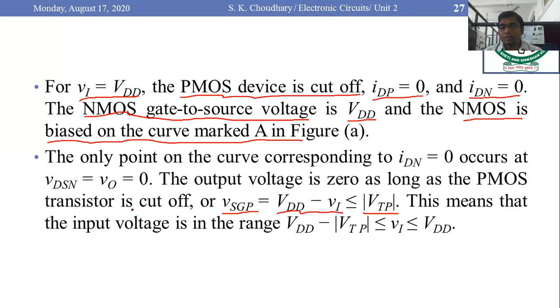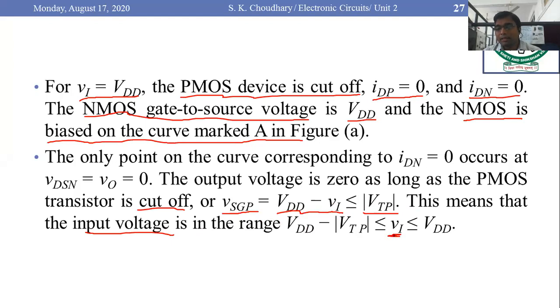Okay. So if you interpret this condition, your Vi would be greater than VDD minus mod of VTP. So this means input voltage is in the range of what?